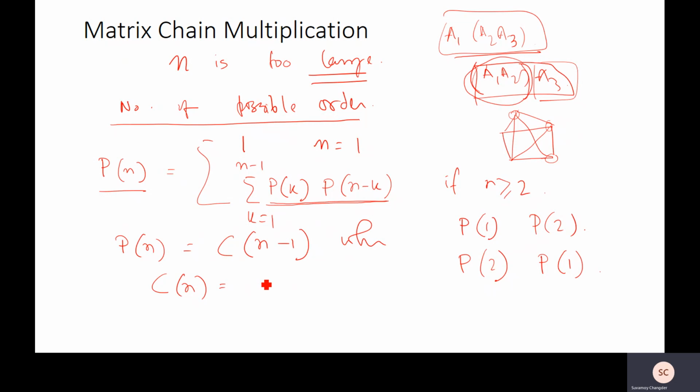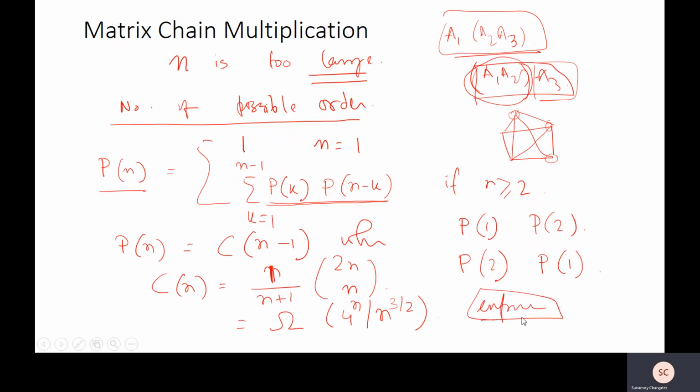Where the Catalan number C(n) is defined as 1 by (n plus 1) times 2n choose n, and its value is of order 4 to the power n divided by n to the power 3 by 2. Now think about this. 4 to the power n means exponential.